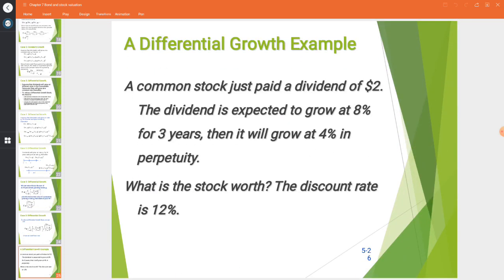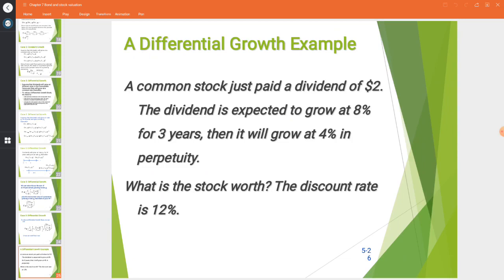Let us take an example showing you how we could estimate the BV in the case of differential growth. Here, this is the common stock. This common stock just paid dividends of 2.